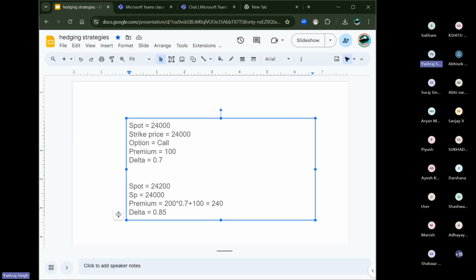And the last is IV, implied volatility. Because if implied volatility increases, that also affects the delta, right? The relationship between the delta and implied volatility also needs to be understood. In general, they are positively correlated. So if the implied volatility of an option increases, the delta of it also increases.